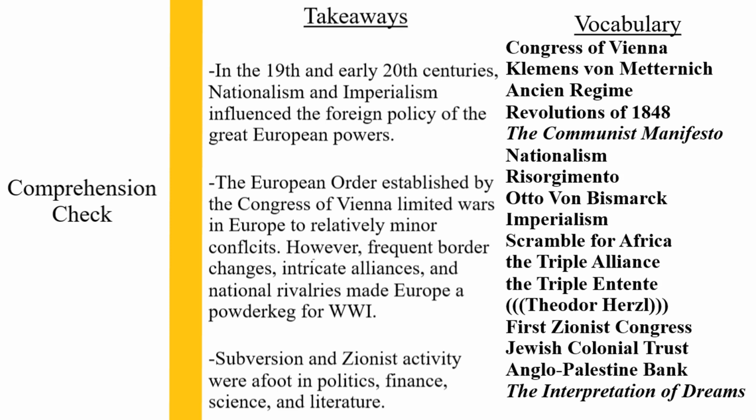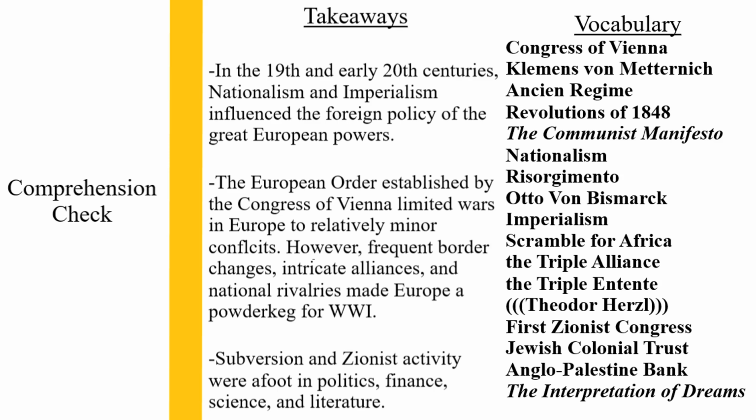However, frequent border changes, intricate alliances, and national rivalries made Europe a powder keg for World War I, and we talked about that a lot throughout the lecture. And our third takeaway is that subversion and Zionist activity were afoot in politics, finance, science, and literature.